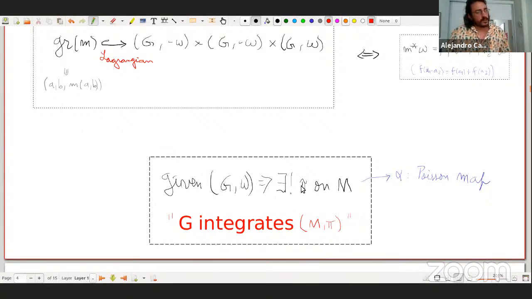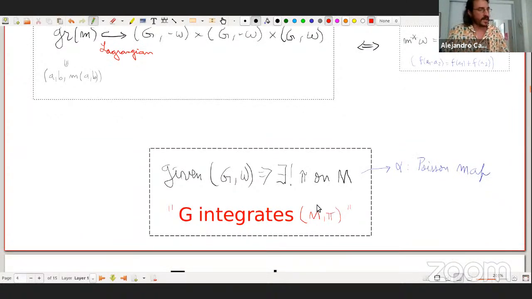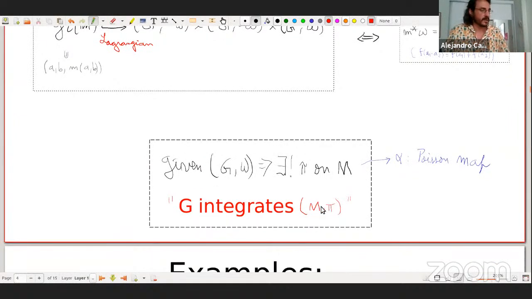And the condition to define this is that the source map is a Poisson map. And when this happens, so when the Poisson structure is induced by such a local groupoid, we say that this G integrates the Poisson manifold. So this is an analog of integration of Lie algebras to Lie groups, and actually generalizes it, as we will see in a second.